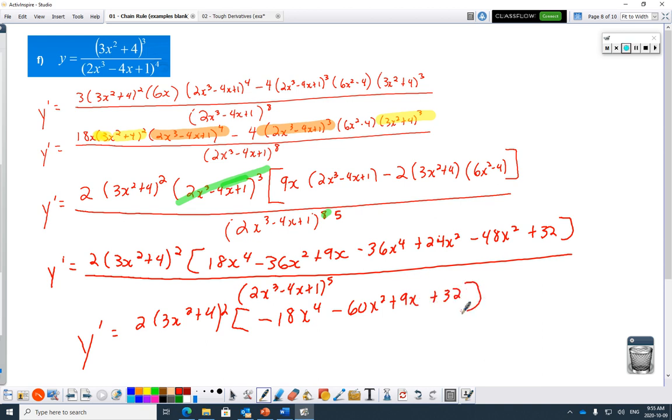And I've got to check that, because I don't know if I nailed it or not. See how I did? 18x to the 4th minus 36x to the 4th is negative 18x to the 4th. Okay, x squared, so I did negative 36 plus 24 is negative 12, minus 48. Yeah, that's right. Plus 9x plus 32.